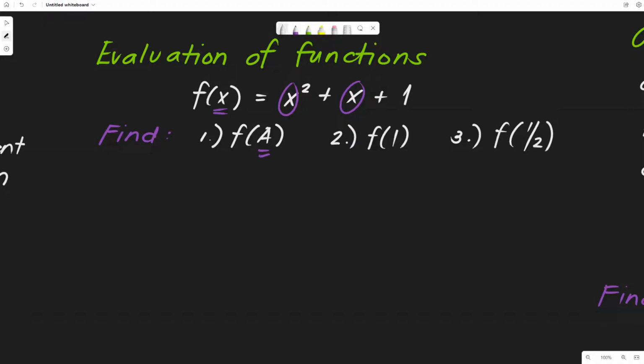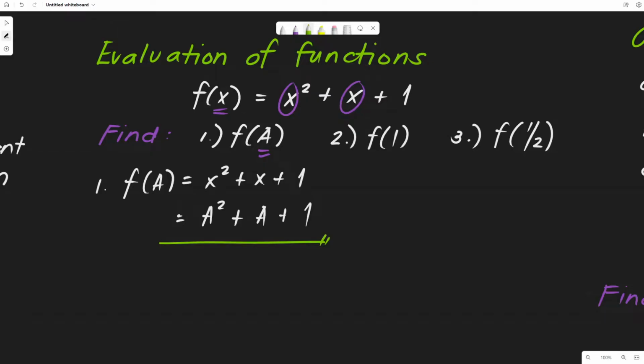For number 1, we have f of a. First, copy the function above, then substitute. So we have a squared plus a plus 1. Is this already our final answer? Yes, this is already our final answer.